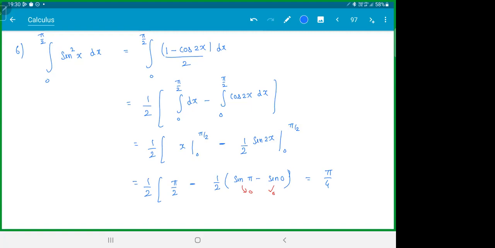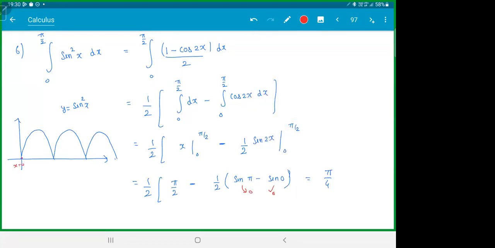Have a look at this. Do you know what does this graph look like? Sine square x graph. Sine square x meaning it will never be negative. The graph will be actually always like this. This is a sine square x graph.